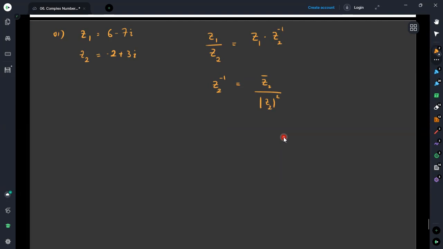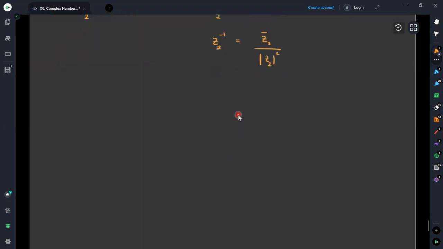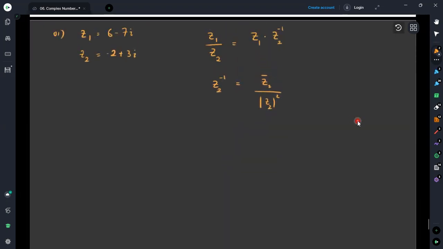As the first thing, we will find the multiplicative inverse of Z2. We get it as, first, the conjugate of Z2, which is minus 2 minus 3i. But we still do not know the square of the modulus of Z2.